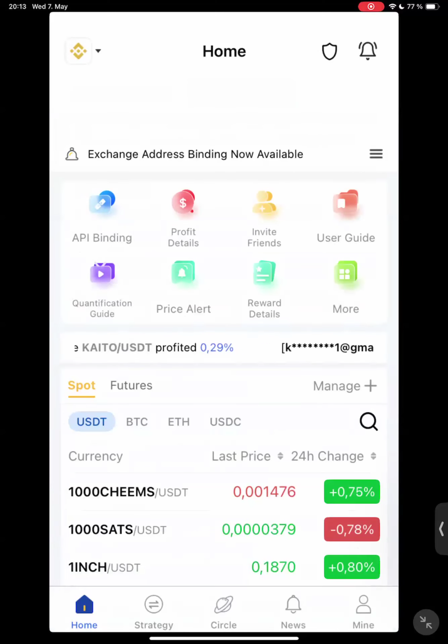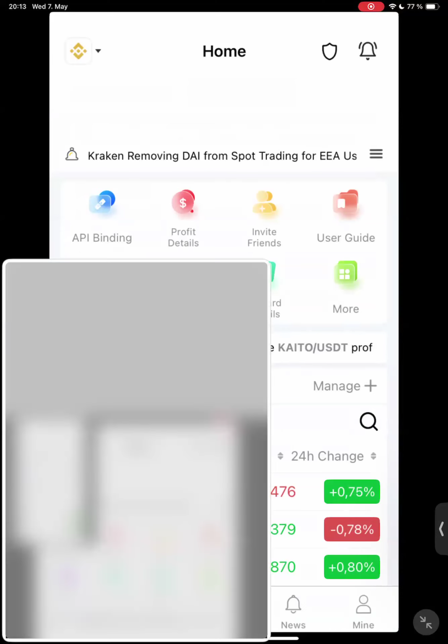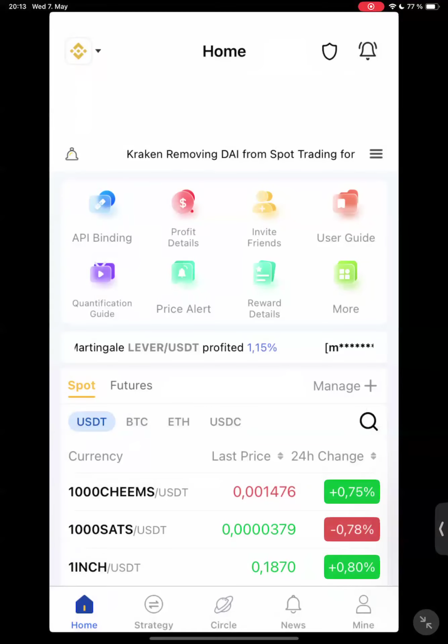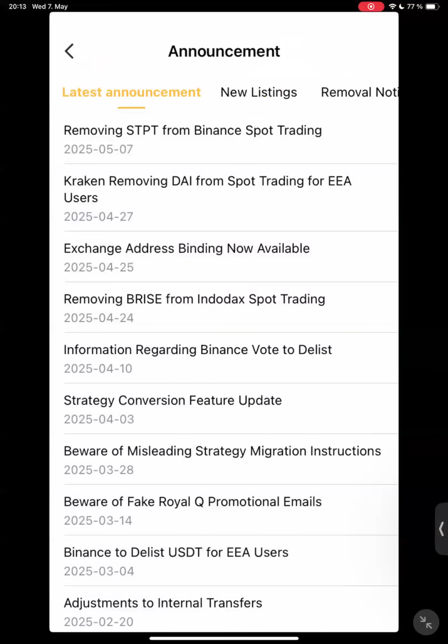Now, another important feature is the announcement. Okay, this side. So the announcement, this is where RoyalQ communicates to us, because they don't have our phone numbers or our private emails to email us. So they communicate with us through the RoyalQ app under the announcement tab.